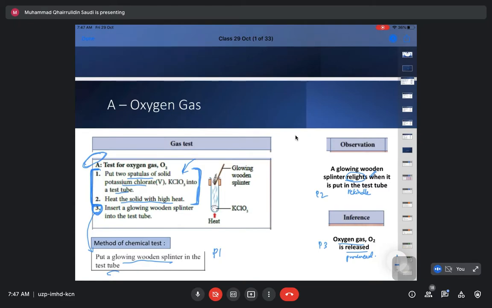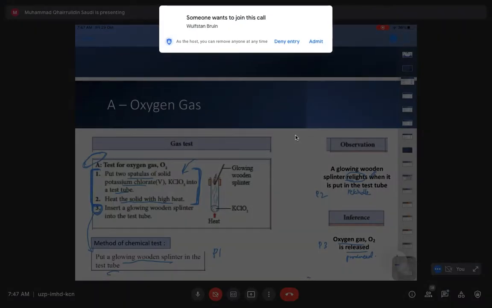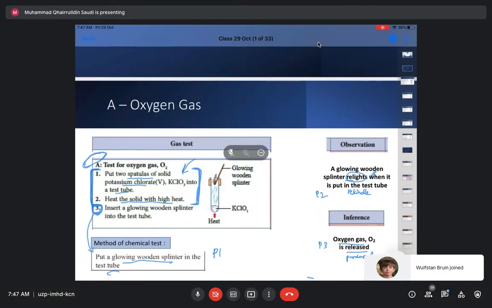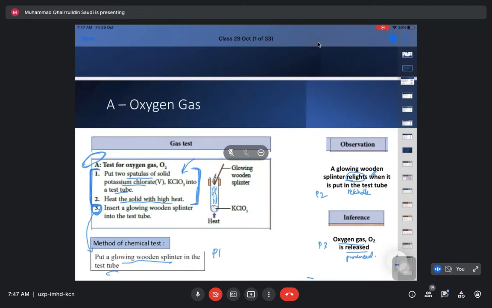That is all that you need to know. From the procedure, you put potassium chlorate into a test tube and then you heat it, and then oxygen gas will be released. Selalunya when we do experiment, we won't know what is the gas secara yakinnya.